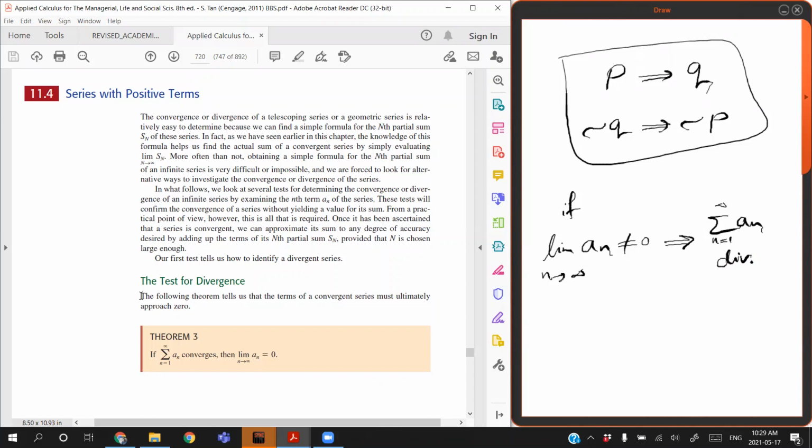It's a test that will tell you whether a series diverges or not. But if this limit is equal to 0, then you have no conclusion. So for example, if the limit as n approaches infinity is equal to 0, then what do you conclude? No conclusion.